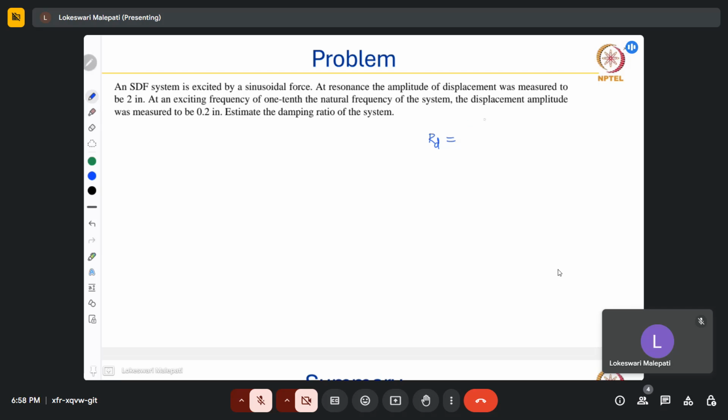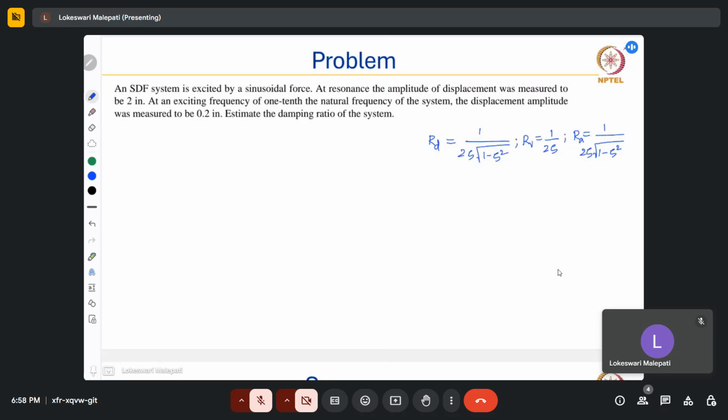So for deformation, the maximum value is 1 by 2 zeta square root of 1 minus zeta square, and for velocity it is 1 by 2 zeta, and for acceleration it is 1 by 2 zeta square root of 1 minus zeta square.